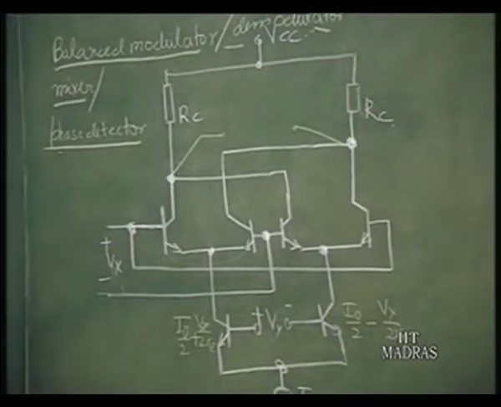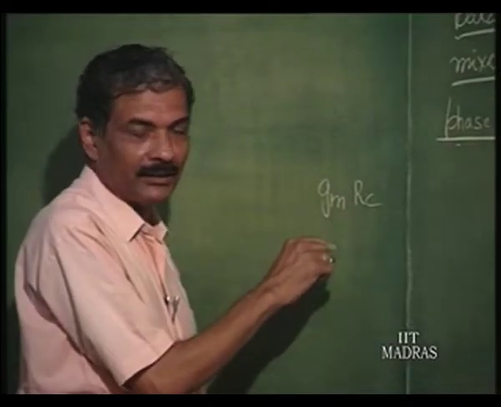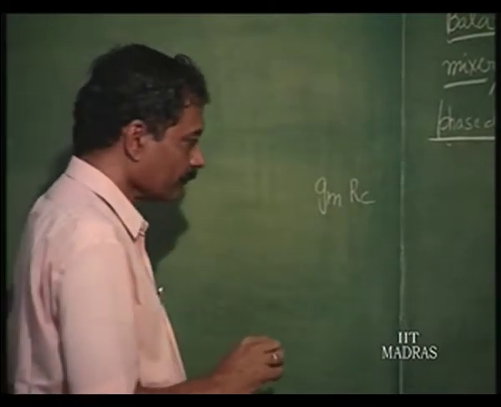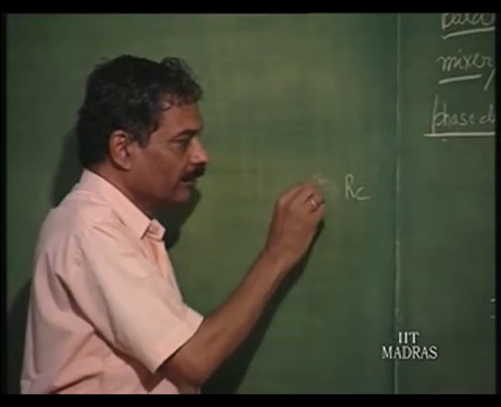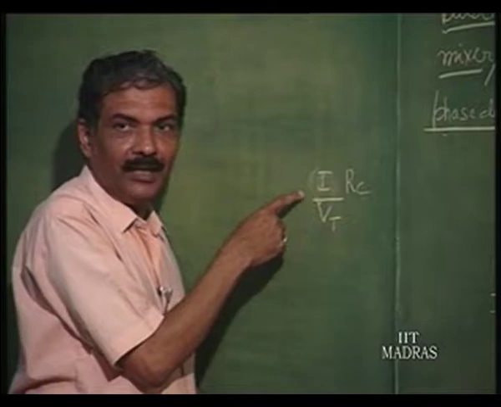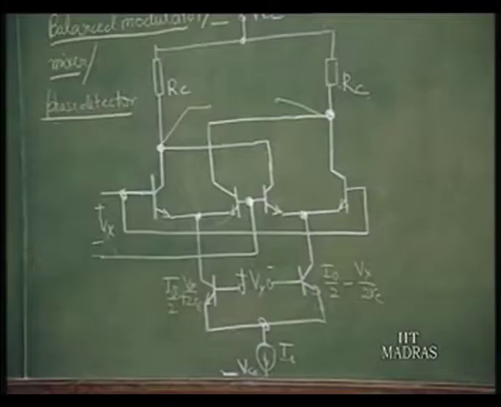So, G m 1 into R c or G m 2 into R c. This particular thing is going to be I divided by V t, where I is the operating current and I in turn is controlled by another voltage V y.